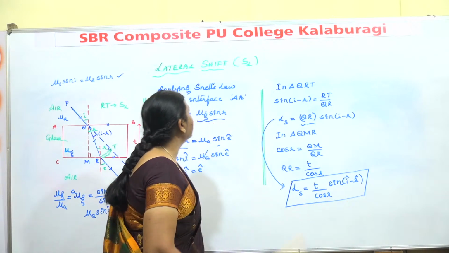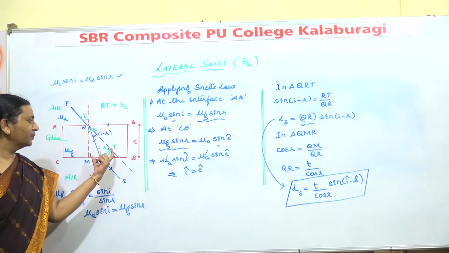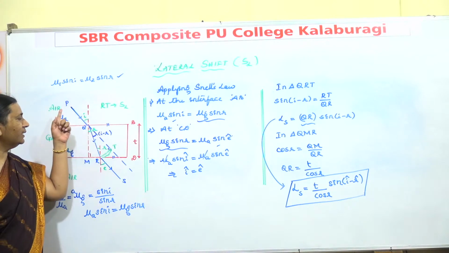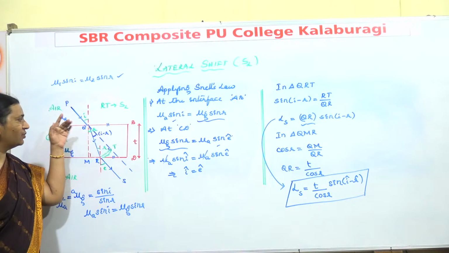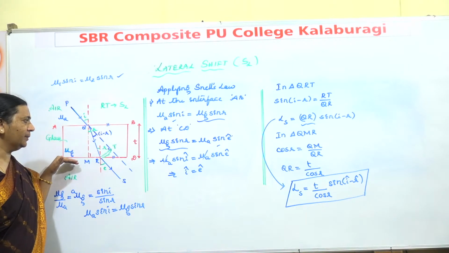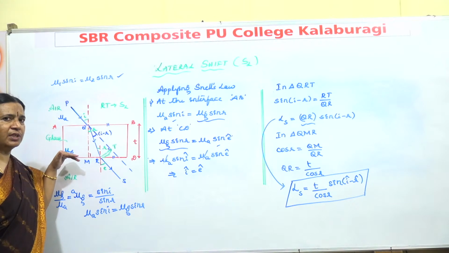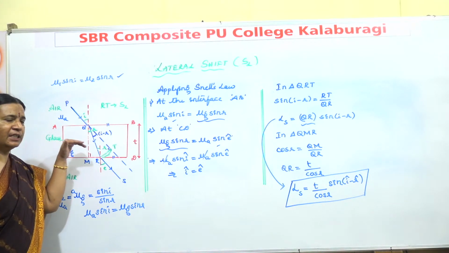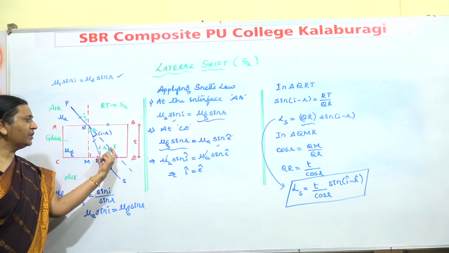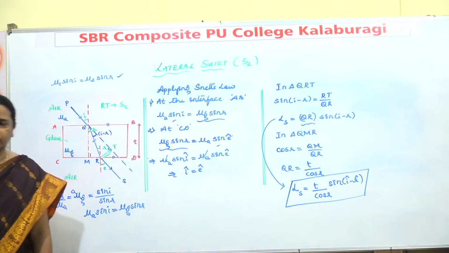So this is known as lateral shift. So again I am repeating, what is lateral shift? Whenever the light ray travels through the parallel bounded optical medium, then it is going to shift from its initial path, and the perpendicular distance between the incident ray and the emergent ray is known as what? Lateral shift. Okay.